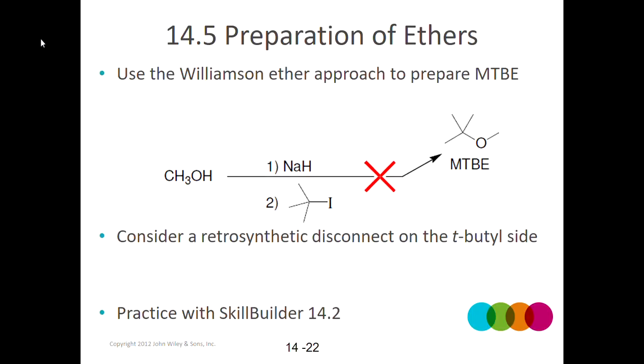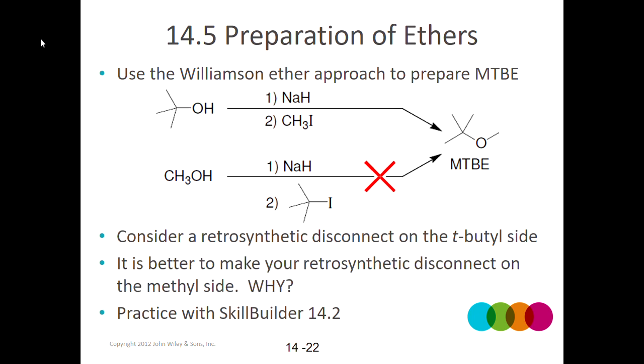So that synthesis won't work. We have to disconnect on the other side, starting with this alcohol and adding this substrate. We can get the oxygen to attack without too much steric hindrance.